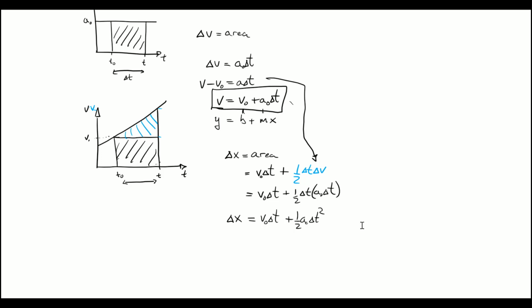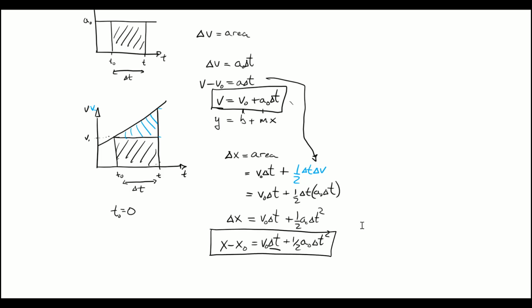To write this in the familiar form from above, this is x minus x naught, which is what delta x means, equals v naught delta t plus 1/2 a naught delta t squared. Again, the only thing that's really different here is I've been writing delta t, whereas in the previous calculus I just set t0 equal to 0, and then all of these delta t's just become t's.